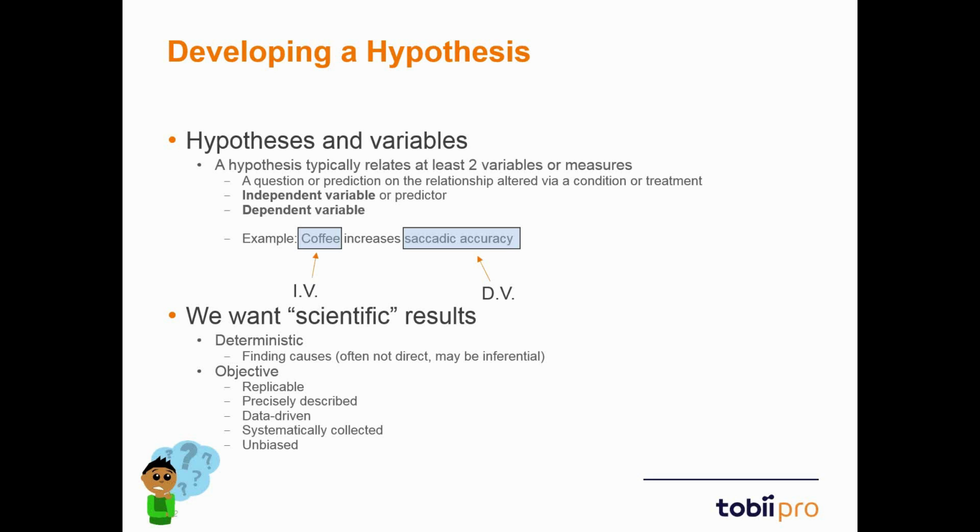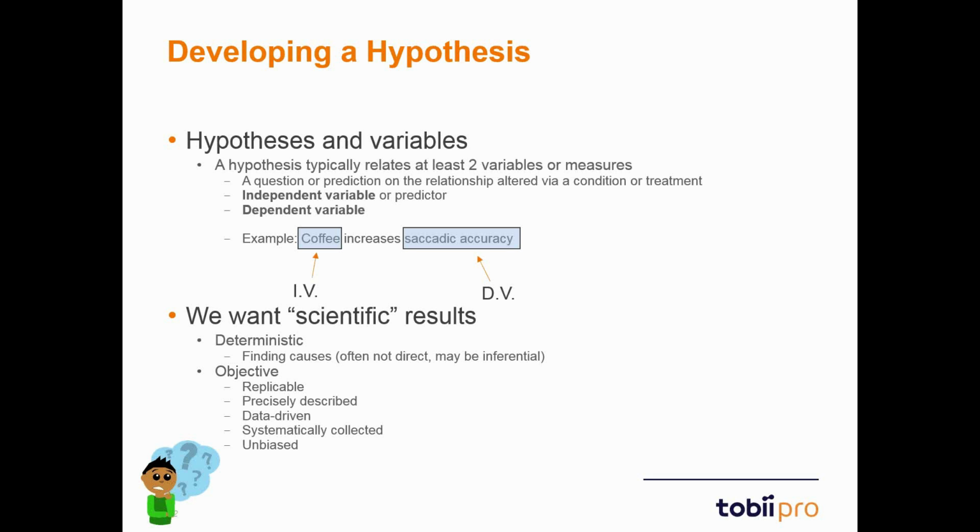The goal is to have scientific results, so we're interested in a relatively deterministic system. Things in the world aren't always exactly deterministic, at least in the way that we measure them, but we'd like to have a causal chain, so that when I give someone A, B always happens.